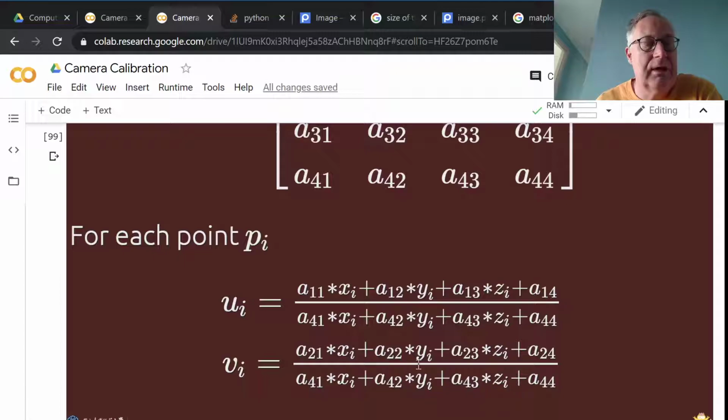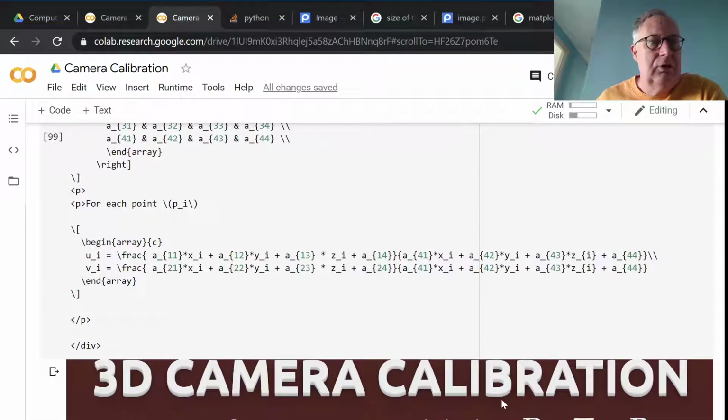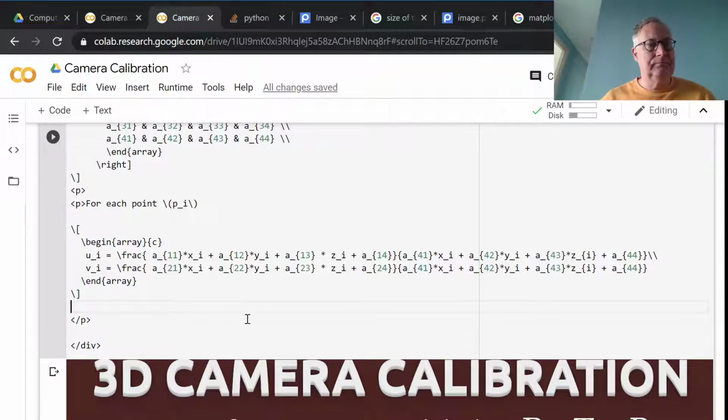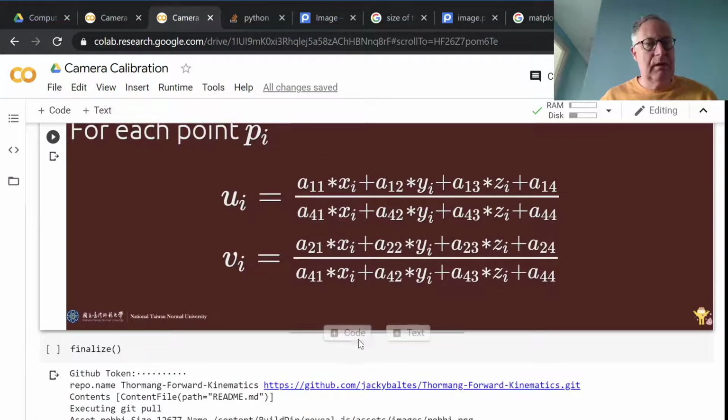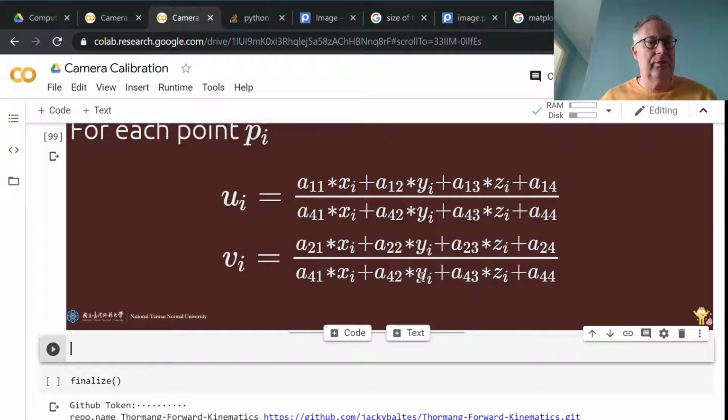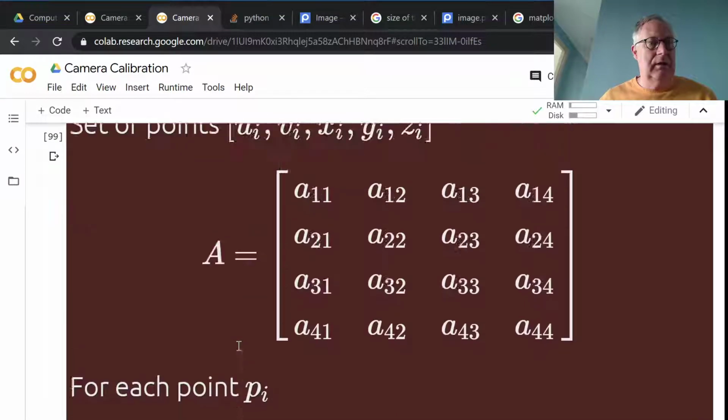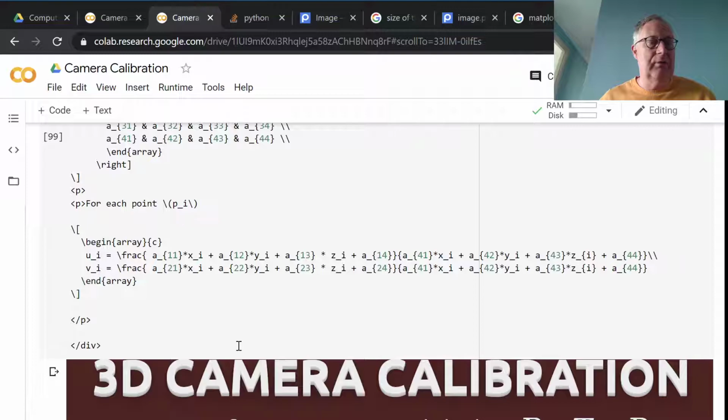Those are the ones that I'm looking for, right? So I will have to rearrange these equations to convert them into a system of linear equations so that I have a11 and a12 as unknowns.